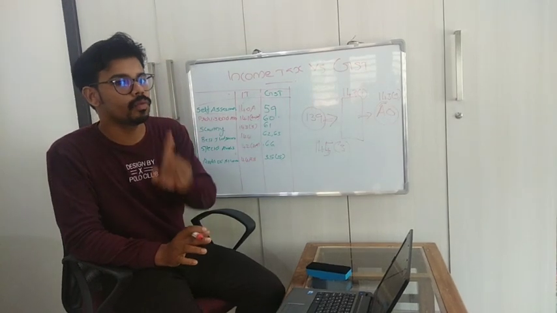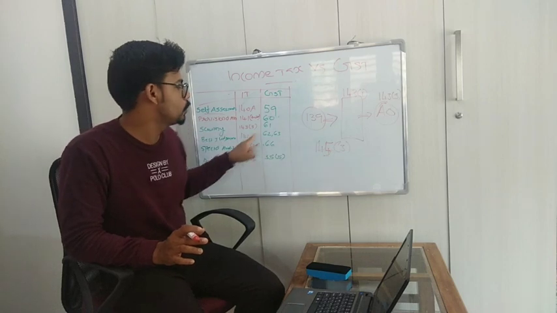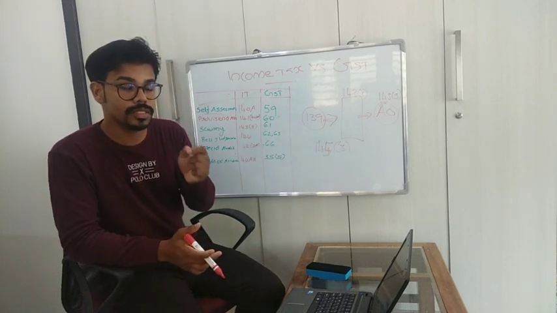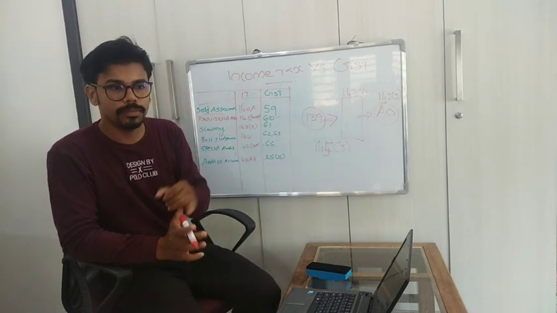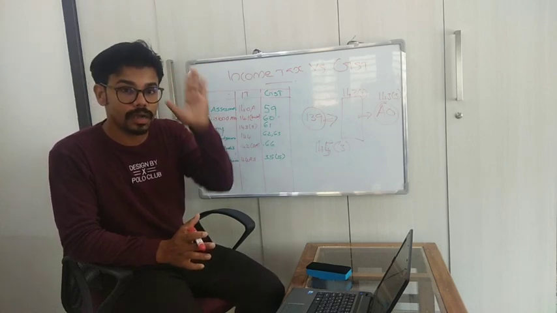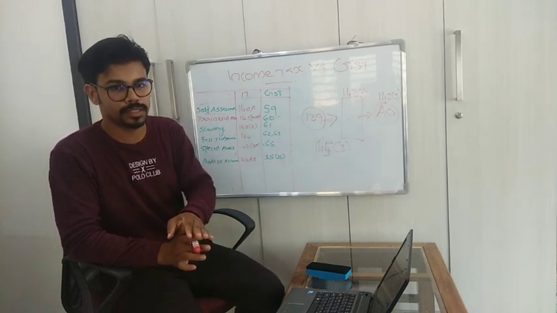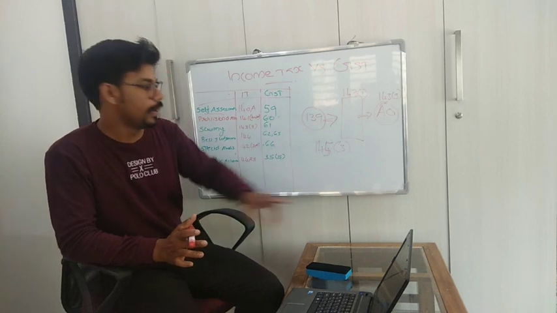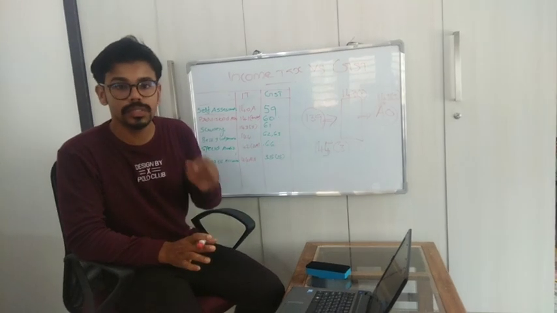But you have to remember one major difference between these two sections. 144 uses the word shall. Shall means the assessing officer shall do the best judgment assessment under those three scenarios. But 145 subsection 3 uses the word may.